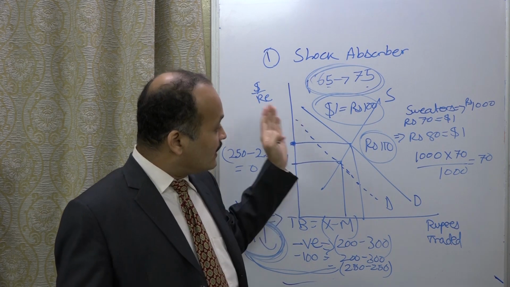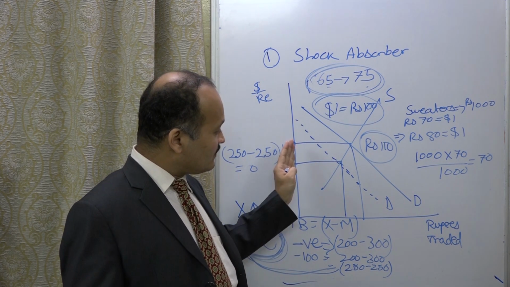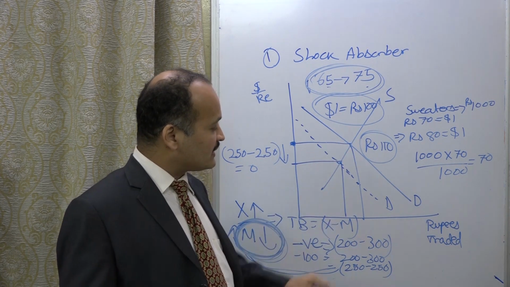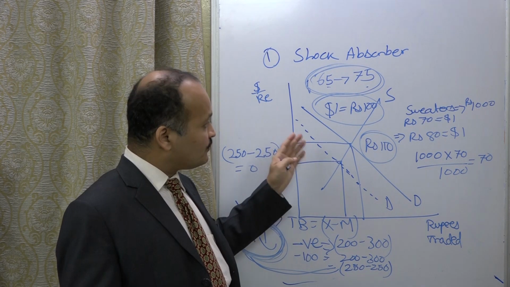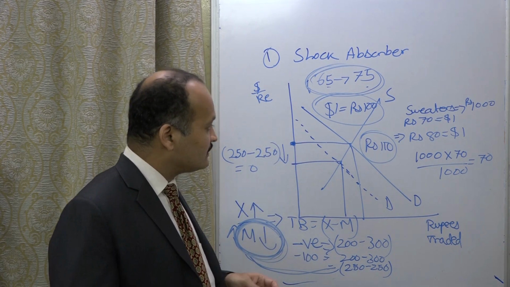But if you allow the exchange rate to play its full course, governed by the forces of demand for rupee and supply of rupee in the forex market, you would find that the exchange rate acts as a shock absorber for the economy.